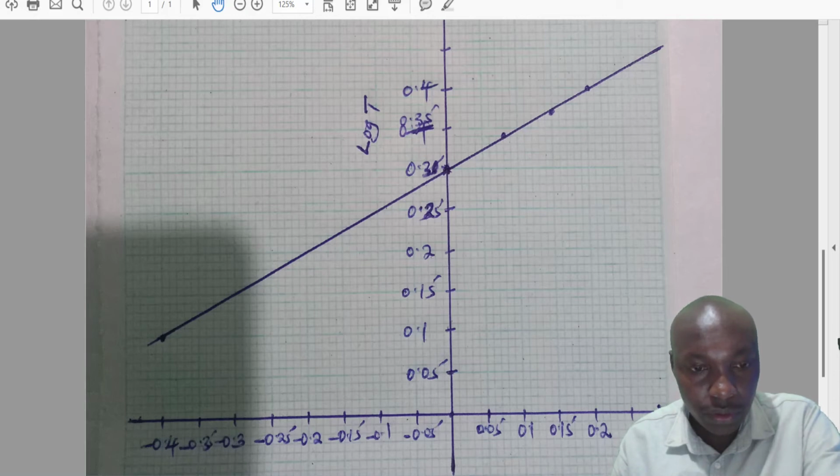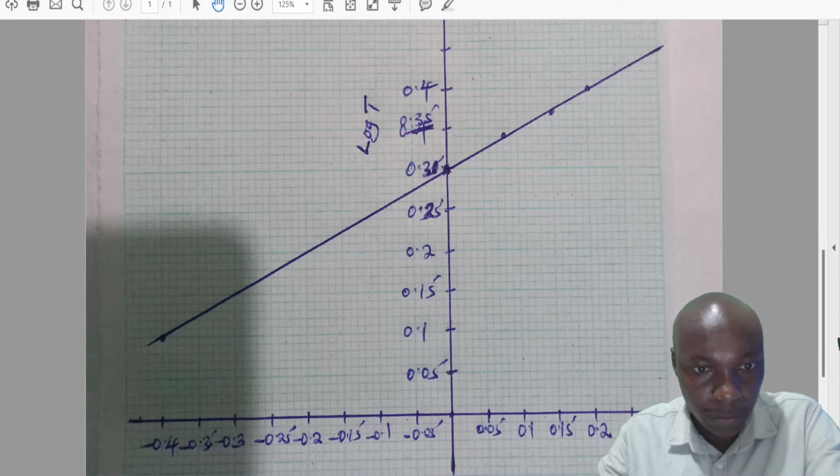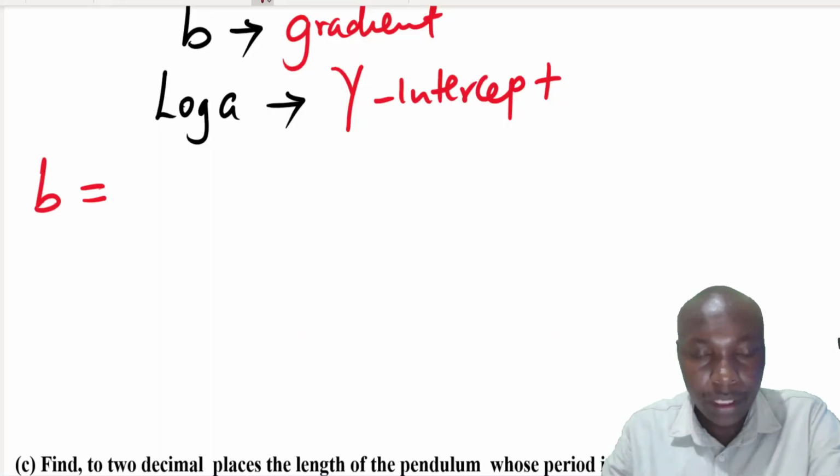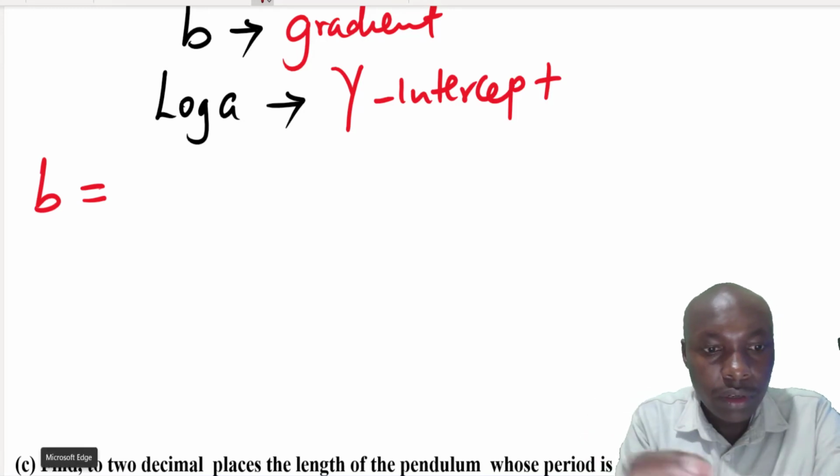The first point you're going to use is (-0.4, 0.1) and (0, 0.3). These points lie on that line, just two. So we've picked two points: (-0.4, 0.1) and (0, 0.3).